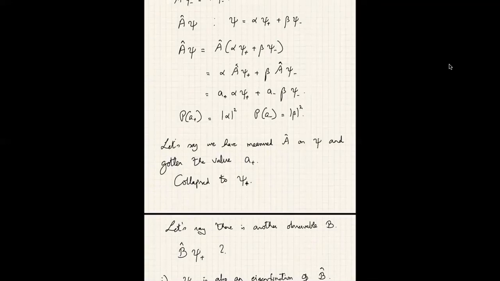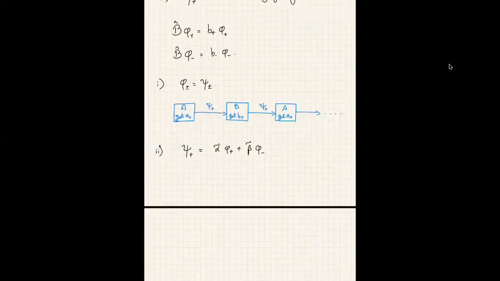Okay. Now I'm not sure to get one particular value. I'll get either B plus or B minus with probability. The probability of getting B plus would be alpha tilde square. The probability of getting B minus would be beta tilde square, right?